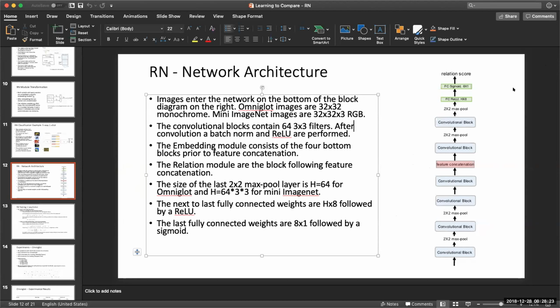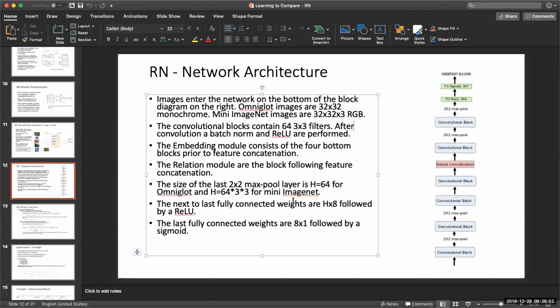So, I talked a little bit about these convolutional blocks and how big they are. Some other things in terms of size: the last 2 green blocks are these fully connected layers. The first one is H by 8. H depends upon the database that we're using.